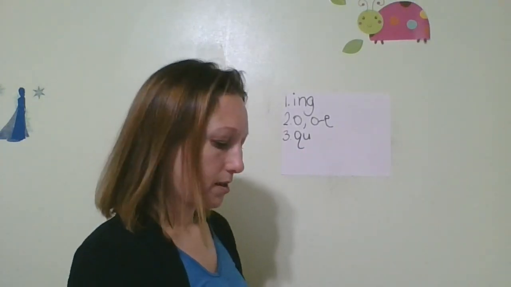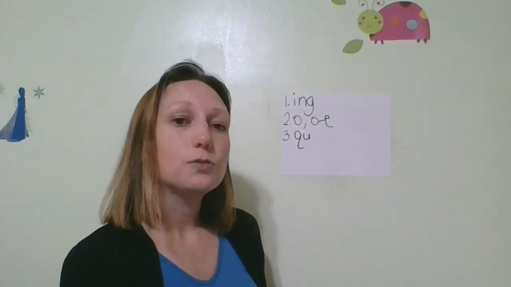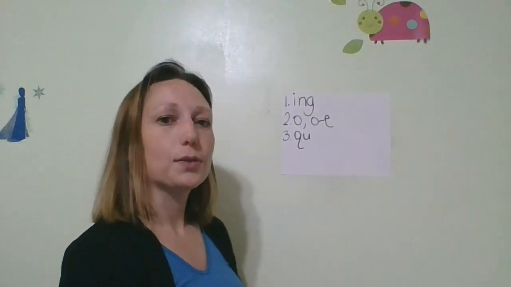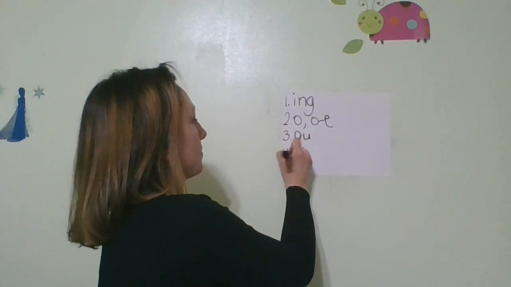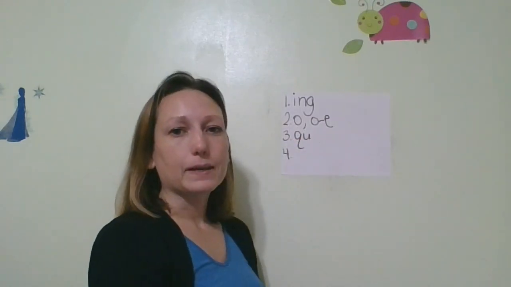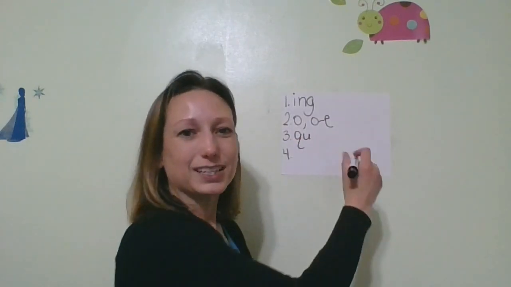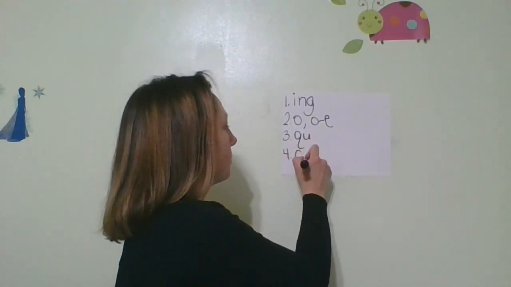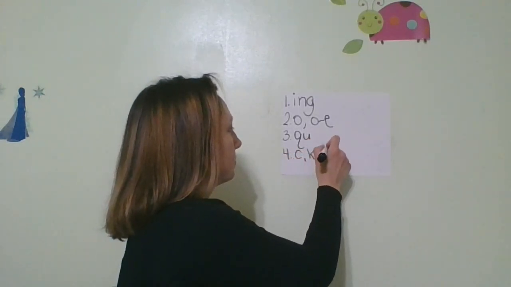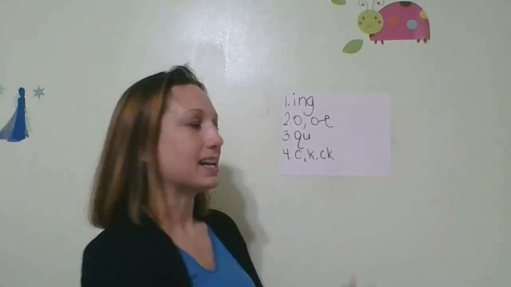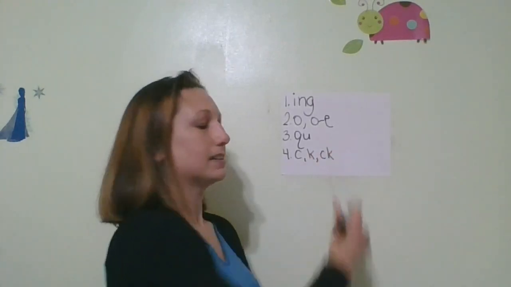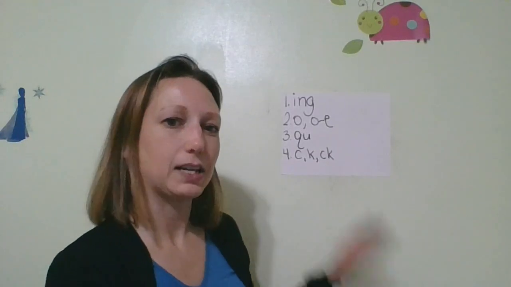Number 4, 3 ways to write k. And what 3 ways do you know to write k? C, K, and CK. We have commas between those. We're making a list.